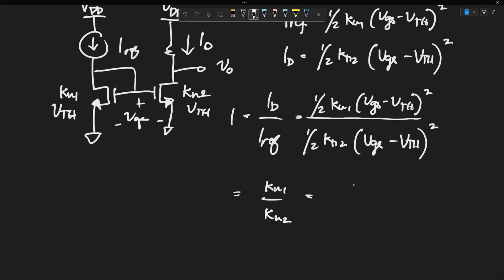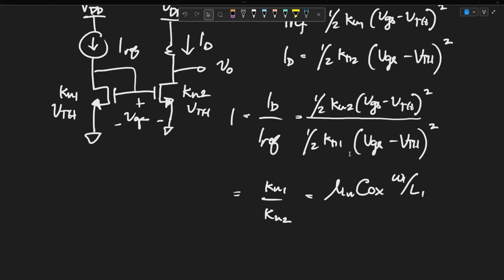Kaso, we can also consider this a current attenuator. Kasi, remember, Kn is, sorry, baliktad pala, no? 2 over 1. Yan, 2 over 1.